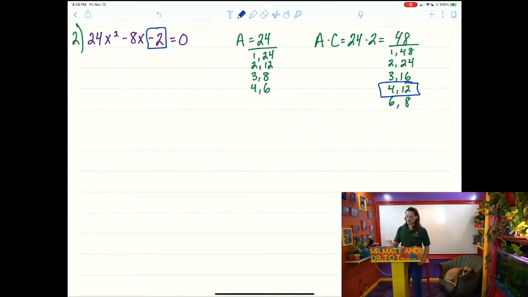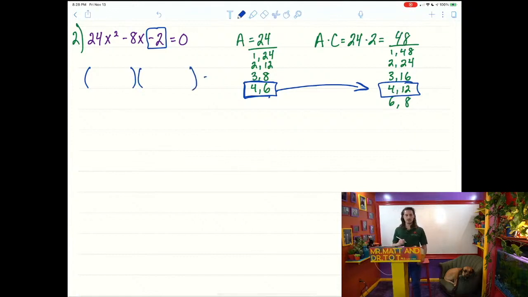This inner value is going to be multiplied by a 6, so I'm going to decrease it by a factor of 6. The outer value is going to be multiplied by that outer coefficient of 4, so I'm going to decrease it by a factor of 4. So I'm going to put the 4 with the 4, because 4 is divisible by 4, and then I'm going to put the 12 with the 6, because the 12 is divisible by 6. I need the 12 to be negative, and I need the 4 to be positive in order to make a negative 8.